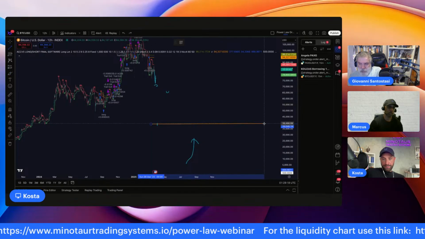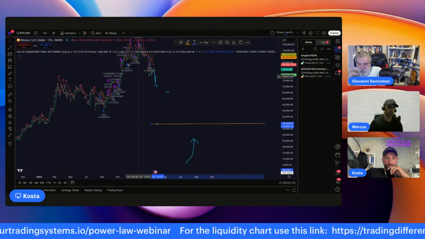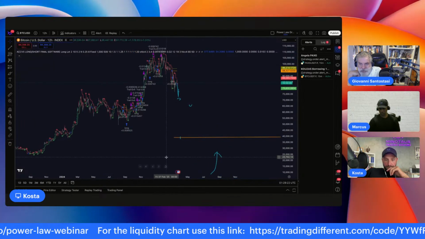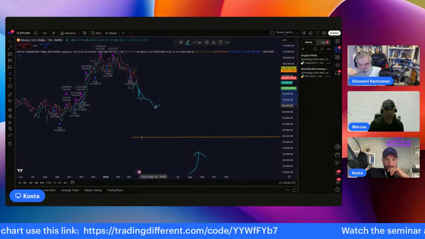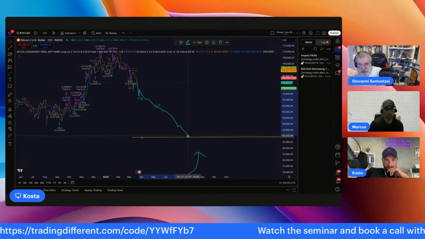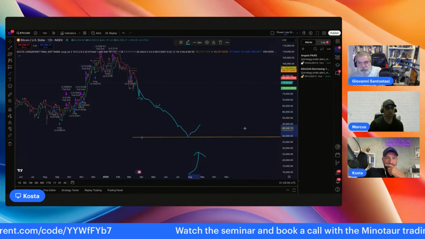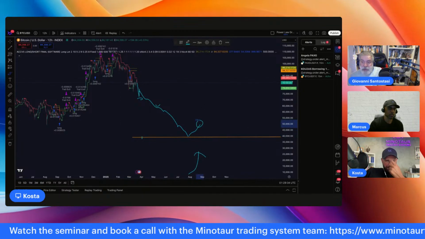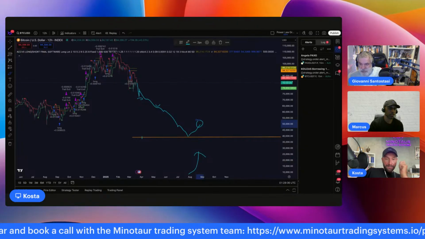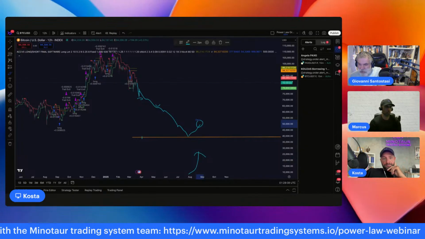And one of the ways that we integrate the power law is that we are looking at that very hard support level that we always discuss, right? You take basically 60% from the general trend, and historically we never went below that. Never. Even during COVID, we barely wicked down.